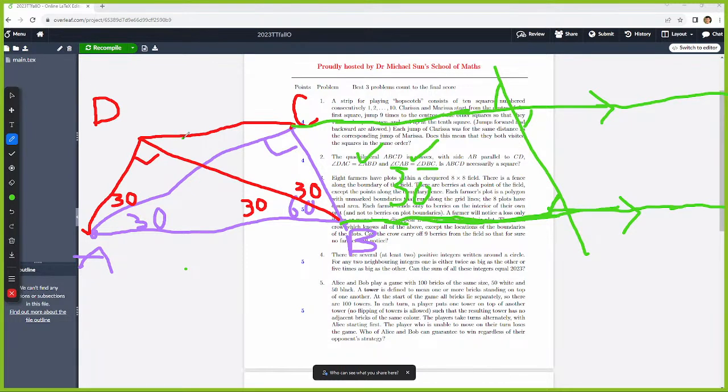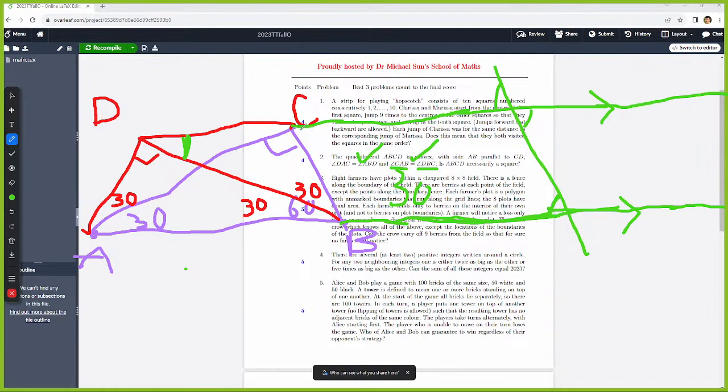Exactly, so CDB is this one. DBA, yeah. So if we can show this angle is 30 degrees, then we show that they're parallel.